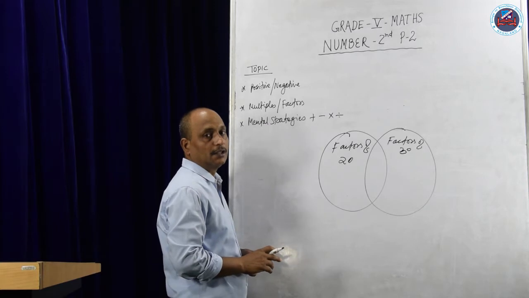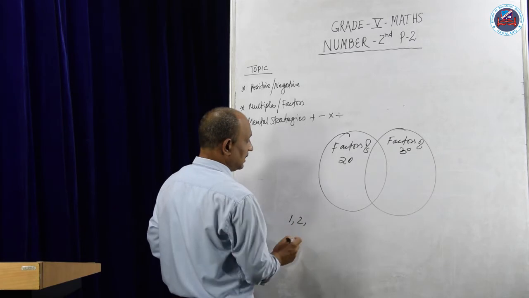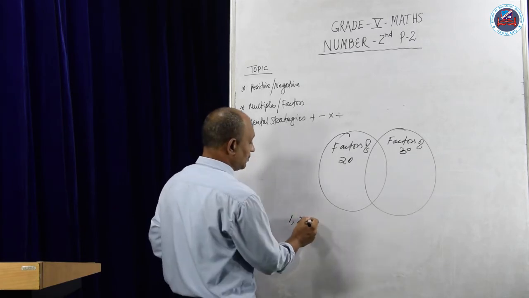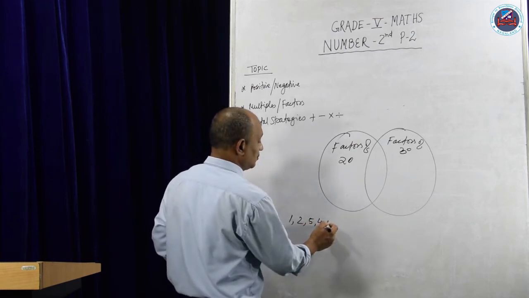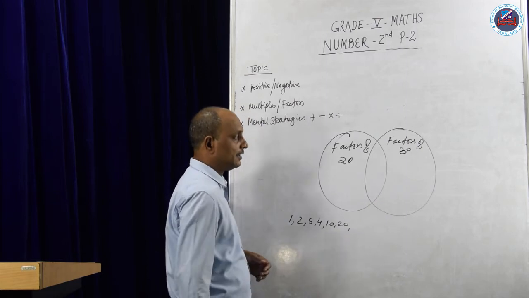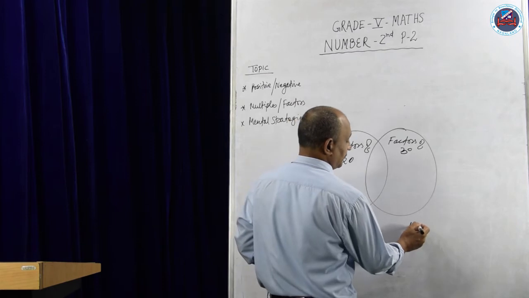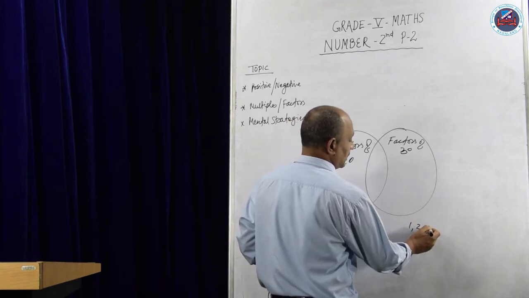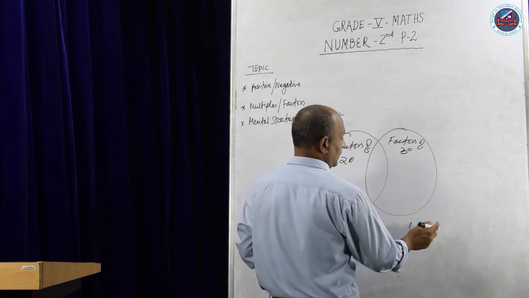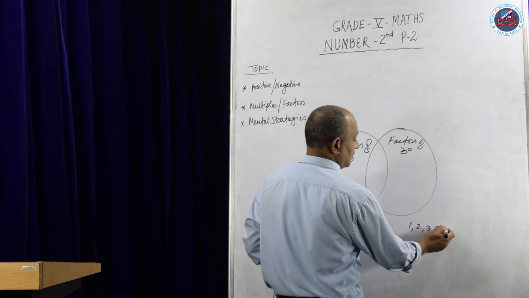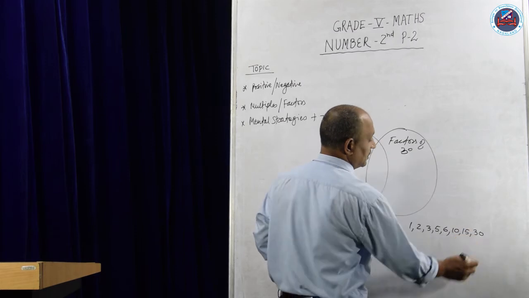By what numbers is 20 divisible? 1, 2 10s are 20, 3 not going, 4 5s are 20, 5 4s are 20, 10 2s are 20, and 20 1s are 20. Same way, let us go for the factors of 30. 1 is common, 2 15s are 30, 3 10s are 30, 5 6s are 30, 6 5s are 30, 10 3s are 30, 15 2s are 30, 30 1s are 30.